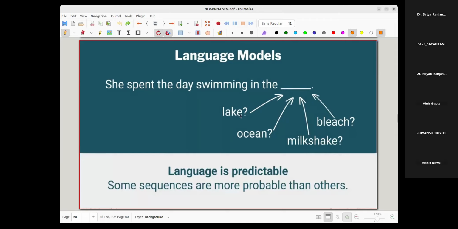Now, why is this intuitive? Because language has a certain kind of structure. You can find out the probability of the next word given a sequence of previous words. We call this a language model. A language model is nothing but finding out which word is most probable given the previous words.